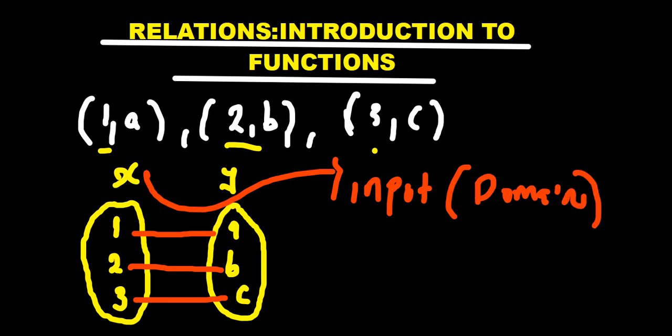Your y values will be the output values. The output you can either call the codomain, that is the general one, but if you want to be specific, in our case this will be called the range.